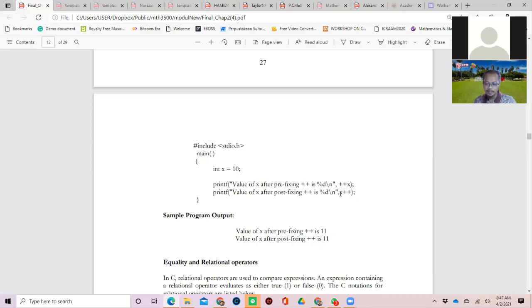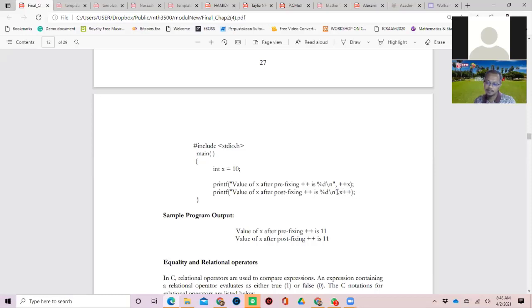So that is why the output is 11 here. But if we consider the x value here, x plus, earlier here it was 11. So 11 plus x becomes 12. This one is 12.